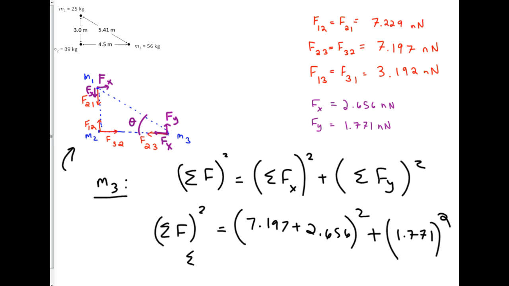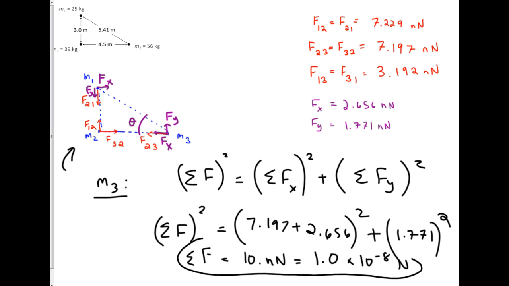So the net force on mass 3 is about 10 nanonewtons as well, or 1.0 times 10 to the negative 8, if we care to write it that way. So those are our final answers, and that's how you solve a problem like this.